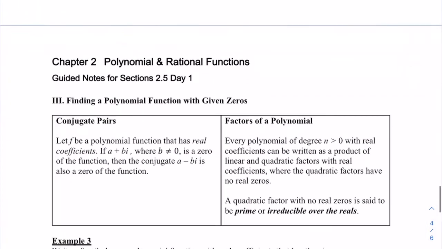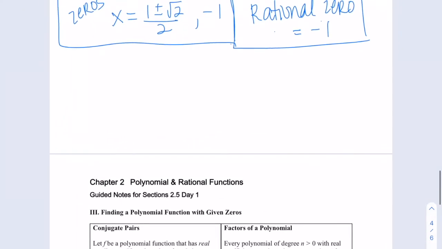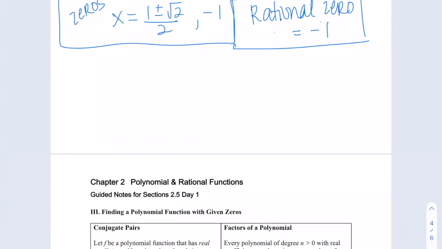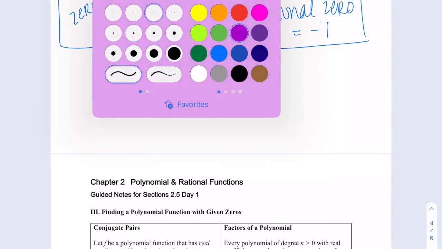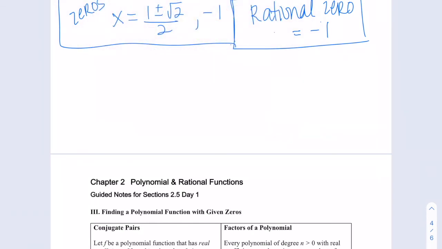So you may have seen up here that when we have the root 2, we actually have the conjugates. So I'm going to pull this up here and write this separately. So in standard form, we have 1/2 plus root 2 over 2, and 1/2 minus root 2 over 2.